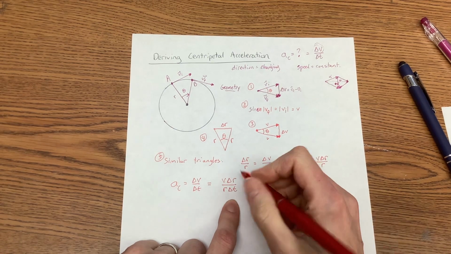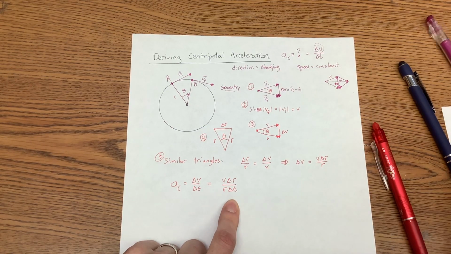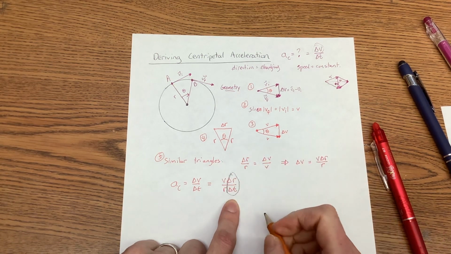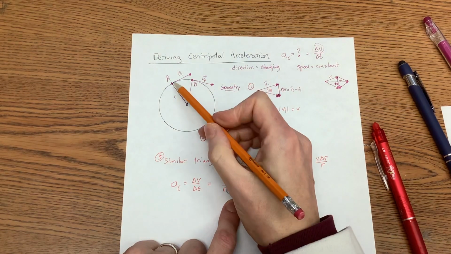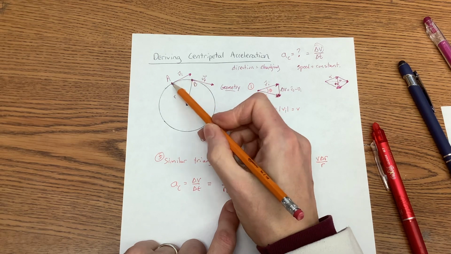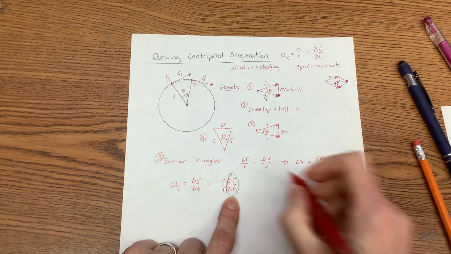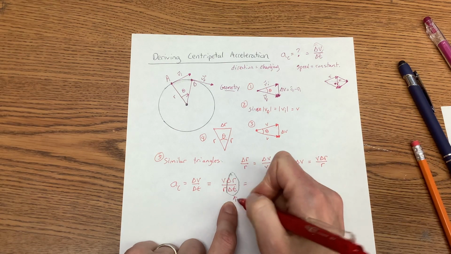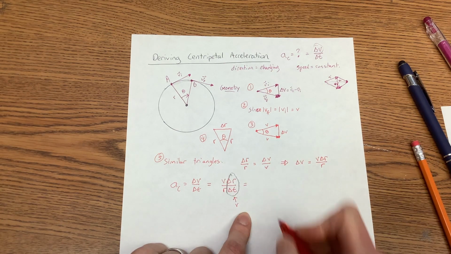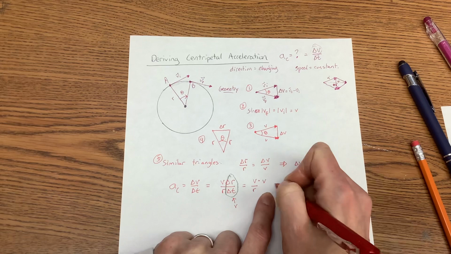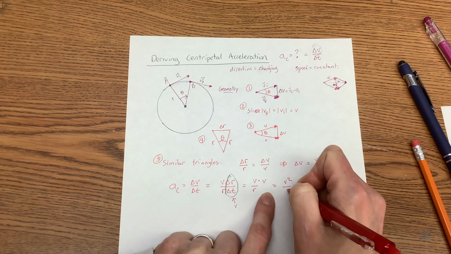Let me circle it for you with this pencil right here. That right there, delta R, that's how far it went. And delta t is an amount of time. And so that's actually how fast it's going. So this becomes v times v over r, which is v squared over r.